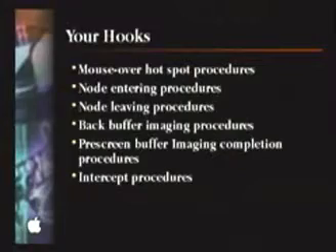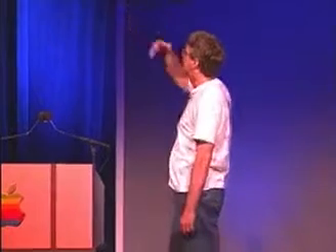Another important hook are the node entering and node leaving procedures. When I go from node A to node B, I could have something happen as part of that transition from node to node. And the node entering and leaving, you're thinking, why not, could you roll those into one? You can do different things depending on whether you're entering the node or leaving it.